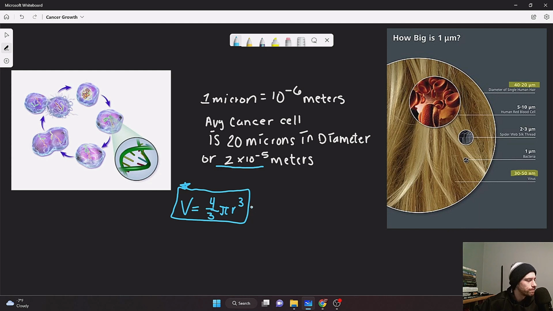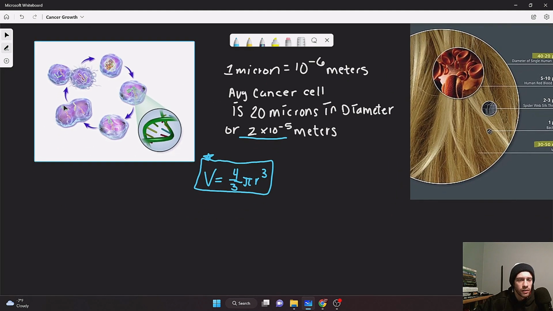And so now that we have the formula, we can plug in our R and determine the volume. We can determine volume V1. And so let's give ourselves a ton of space.